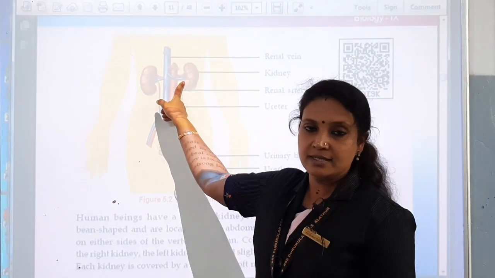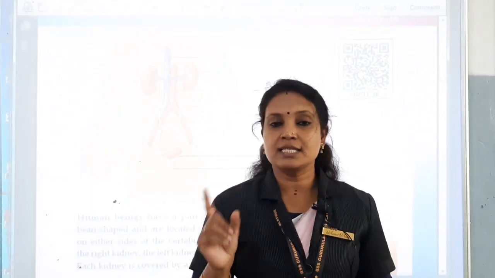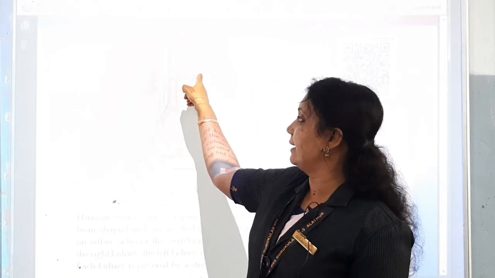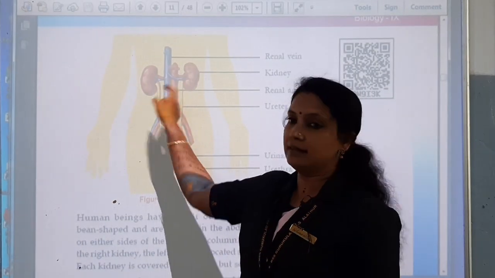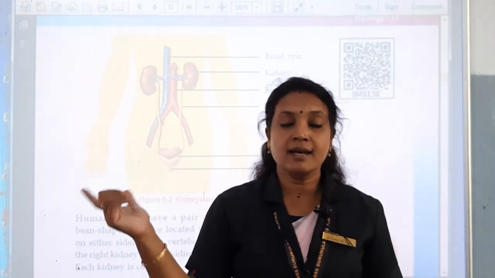So these are the kidneys and the associated parts. A pair of kidneys are present in our body, situated in the abdominal cavity, on either side of the vertebral column. The position of the left kidney is slightly higher than the right kidney, and kidneys are covered by a strong but soft membrane.